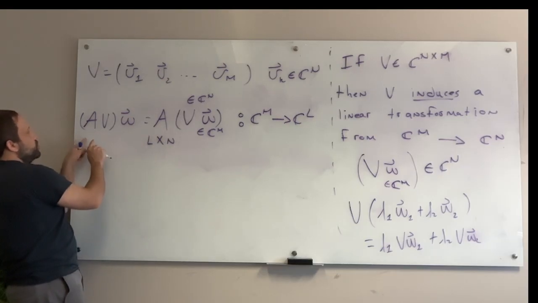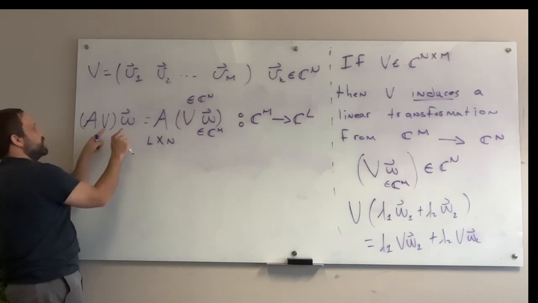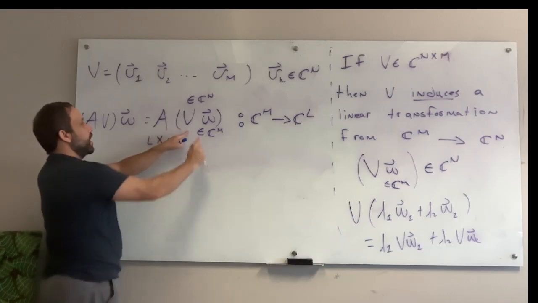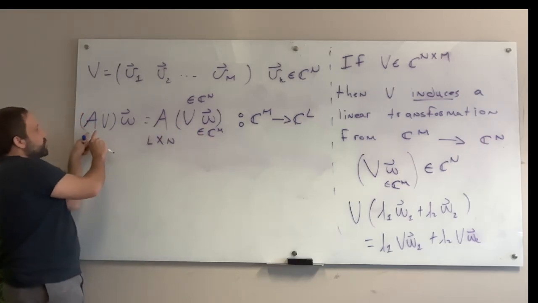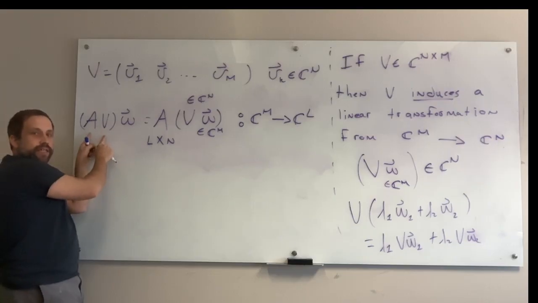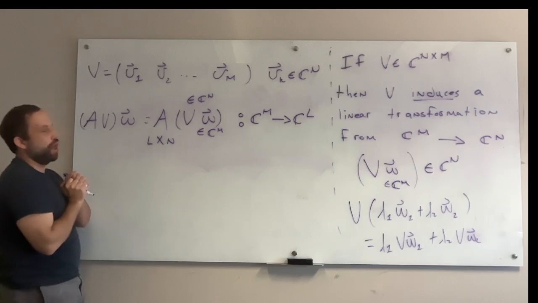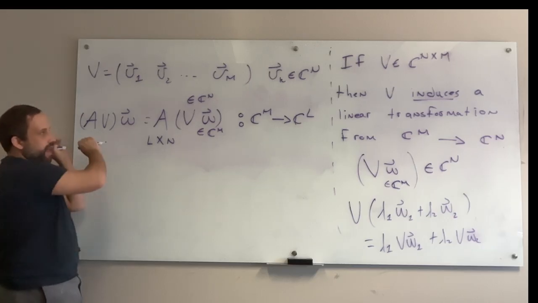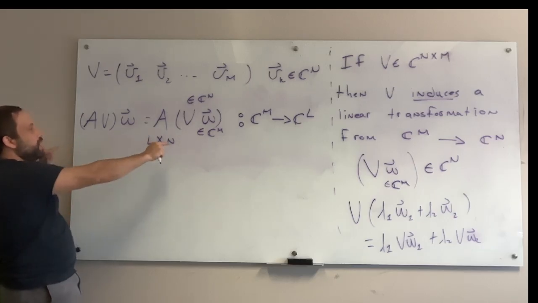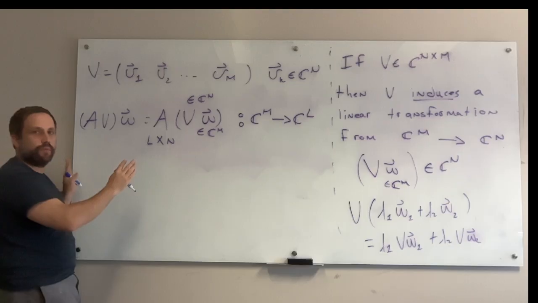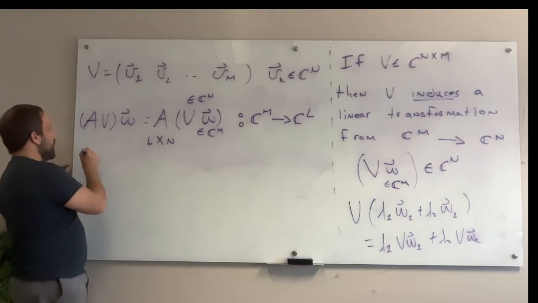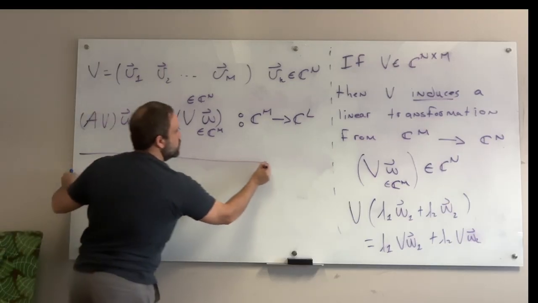So whether we do the matrix A times the vector V times W, or V times W and then multiply it by A, whatever matrix vector multiplication we define needs to satisfy this equality right here. If it doesn't, then we've just chosen a bad definition for matrix multiplication. Okay, so how can we do that?